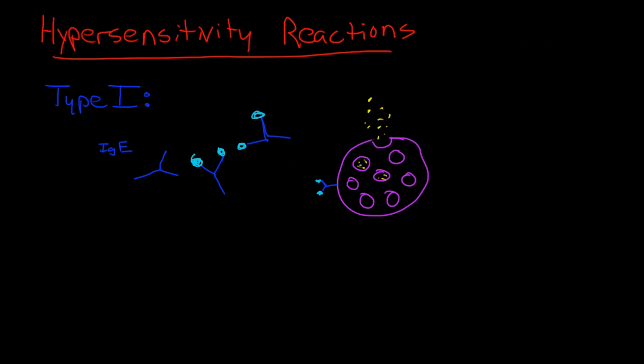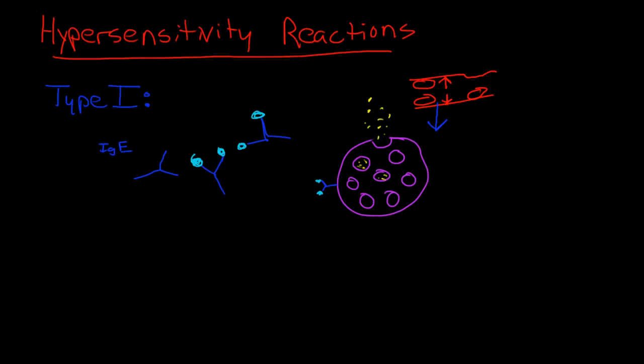Well, histamine causes vasodilation, and it causes capillary leak. So you get opening up of these epithelial walls, and it causes proteins and extra fluid to leak out into the tissue.